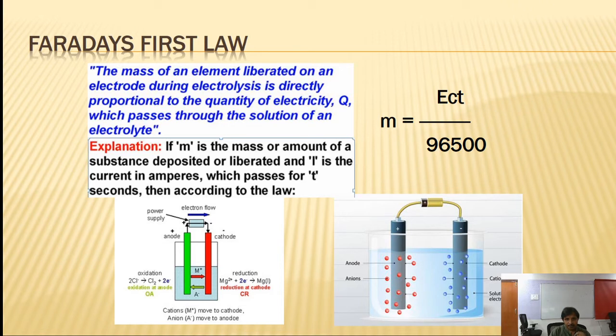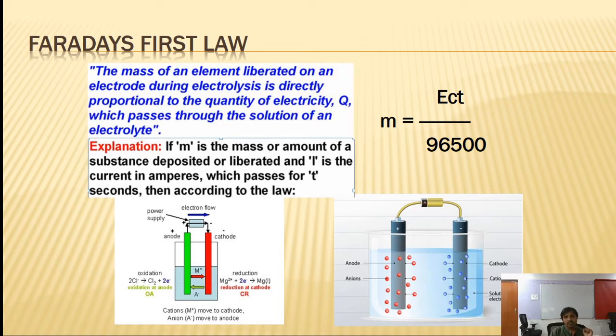Cations move close to the cathode, and anions move towards the anode. At the anode, oxidation reactions take place.